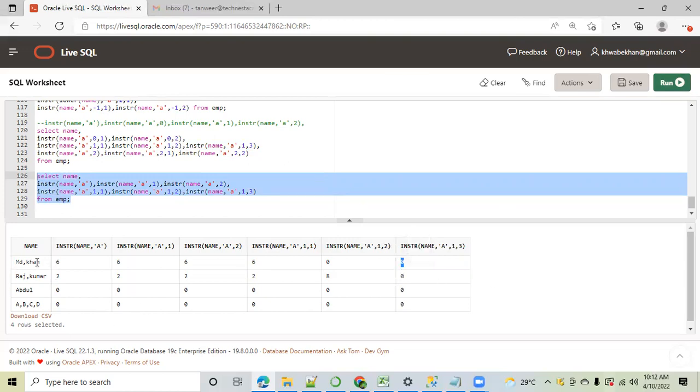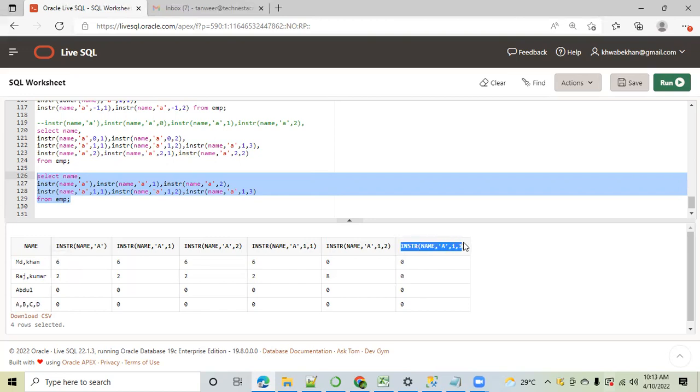There is no third occurrence of A in MD Khan. In Rajkumar also, there is no third occurrence, only the first and second occurrence. That's why this is 0. Similarly for Abdul and ABCD. Is this clear?